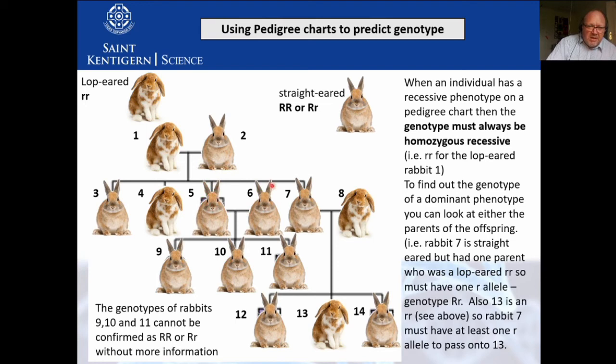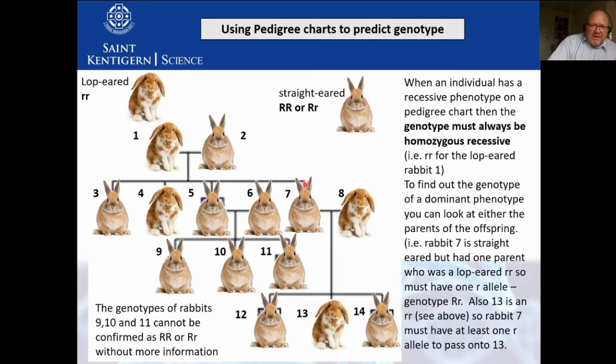And then this guy, we don't know, because all three of the babies have straight ears. Even if this was a heterozygote, there's a chance that one of them can always give the big R, while the other can still give a little r. We don't know the genotype of these, and we don't know the genotype of that guy.